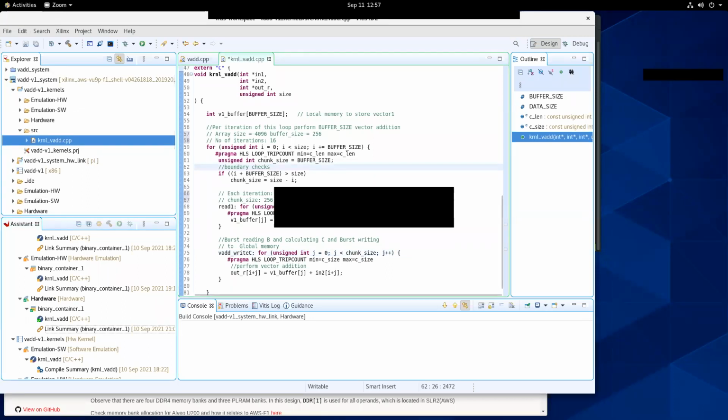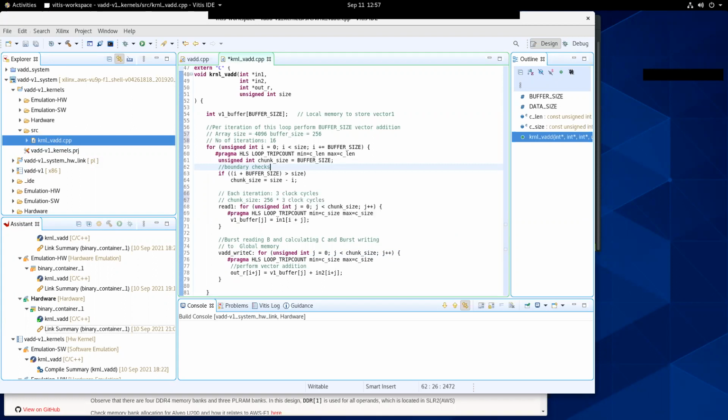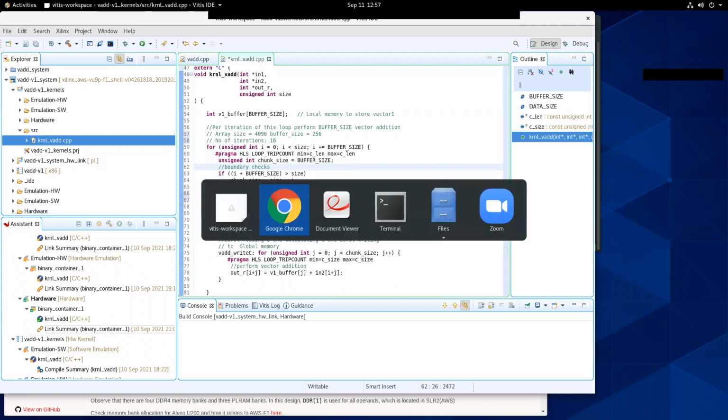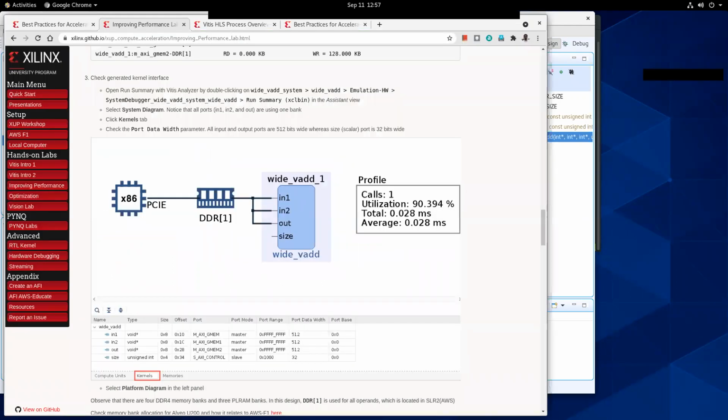Okay, great. So we are transferring one 32-bit element from the memory. But if you look at this design, the DDR width means we can get 512 bits of data from the memory. 512 bits means the number of integers that we can bring is 16 integers in a single shot.